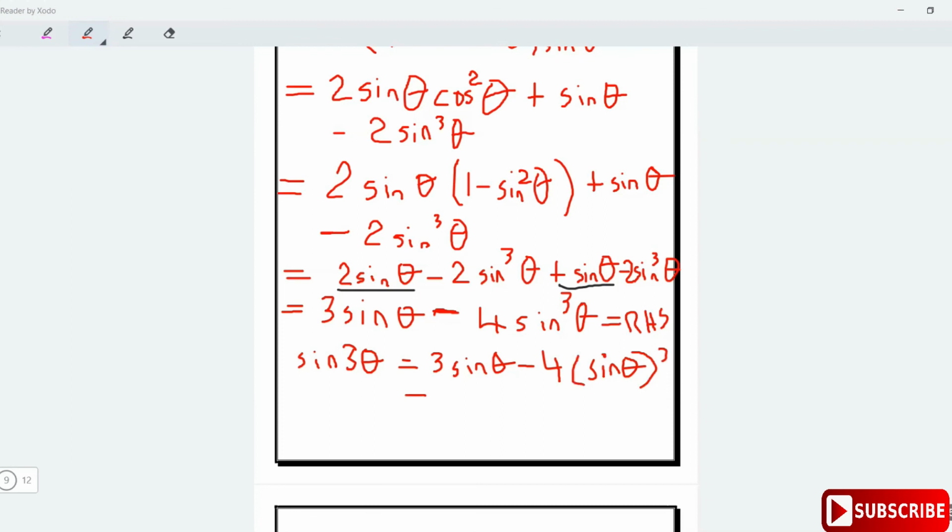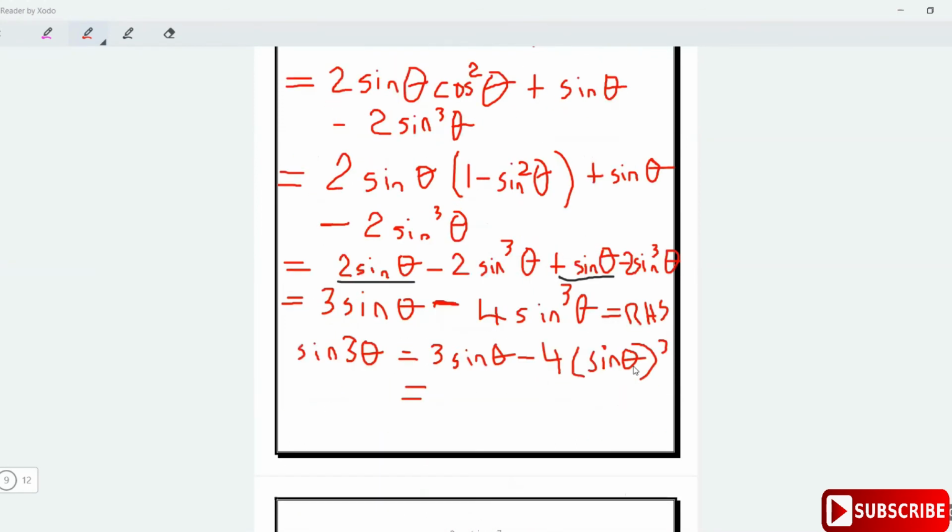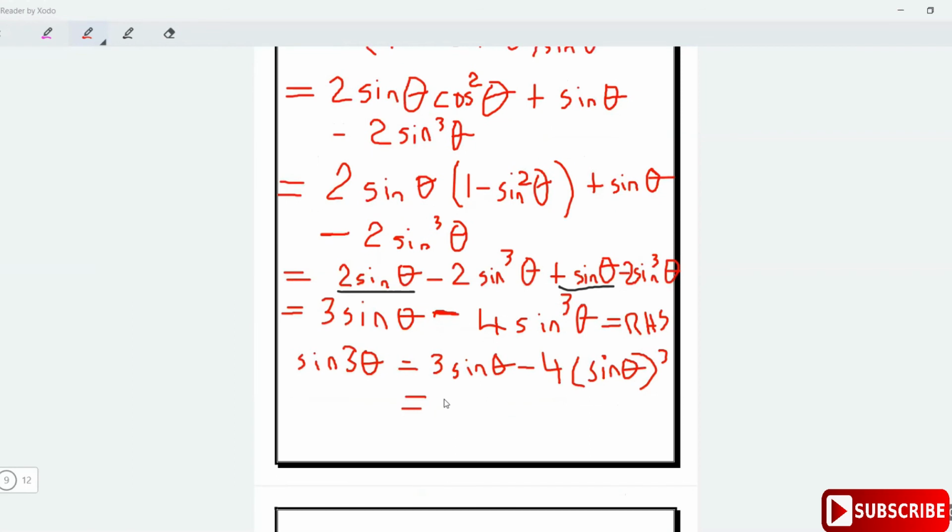So now remember they tell you sine theta is what? The sine of theta they give you is root 3 over 4. So then sine 3 theta is going to be 3 times root 3 over 4, minus 4 times root 3 over 4, and that is being cubed.